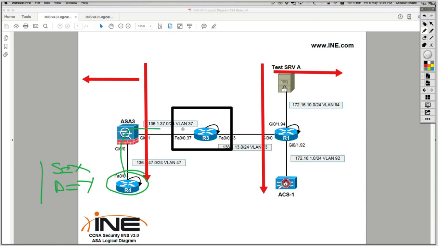As this traffic is being sent across that untrusted network, when server A receives the traffic, server A would want to make sure that the packet was actually sent by the real source of X, which means router 4.